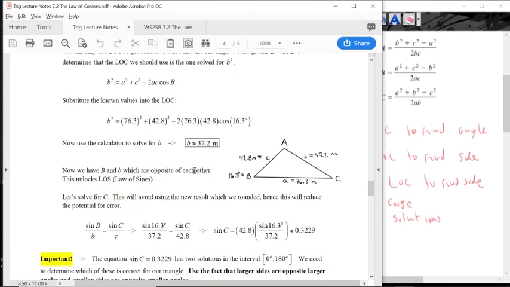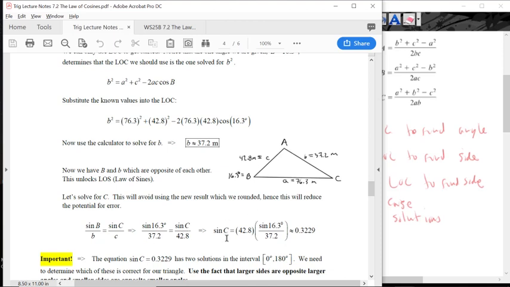So let's say, for example, if we wanted to solve for angle C, we could set up the law of sines where we would input angle B and side length B because those are the opposite ones that we know. So the sine of angle B divided by side length B, and then that would be equal to the sine of angle C divided by the side length C, which is 42.8.